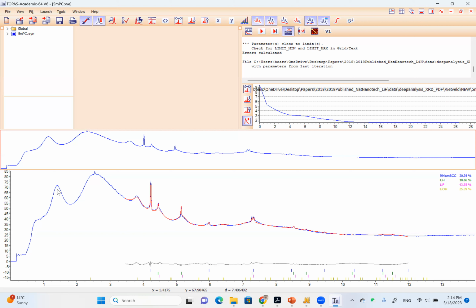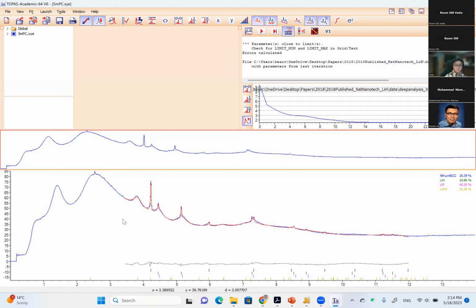You see how broad the peak is. It's hugely broad. And same is true for this one. So there are two peaks which are so broad, and they're coming from the amorphous components. So when we look at this data, even before we go to the PDF, we should recognize there are abundant amorphous components in the sample.